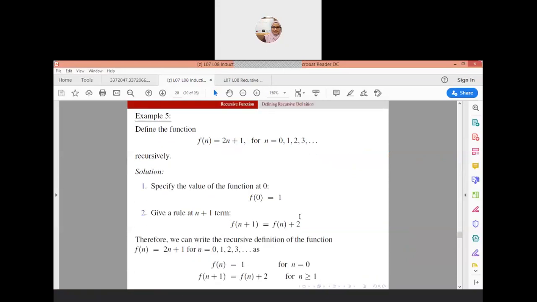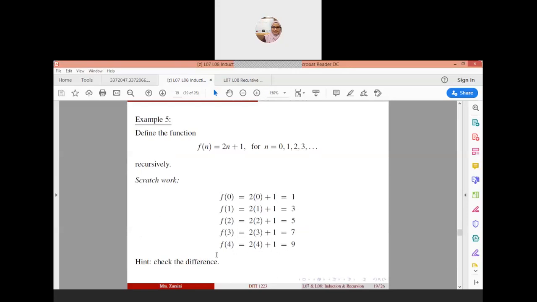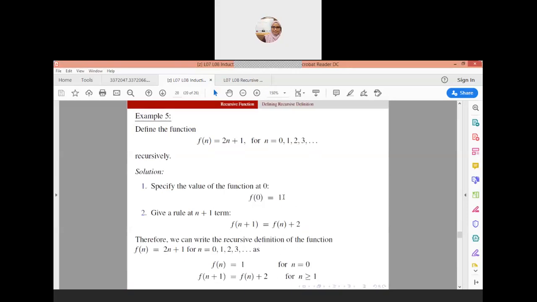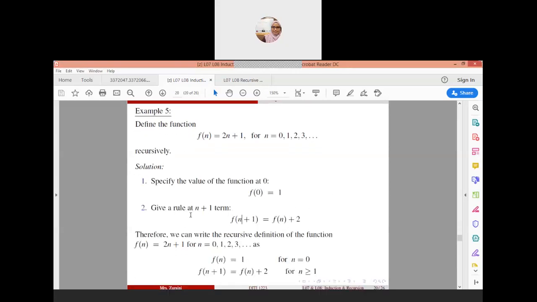After we get these values, we see the difference, then we know this is our basis step, and by using these values we can conclude that our recursive step is f(n) plus 2.